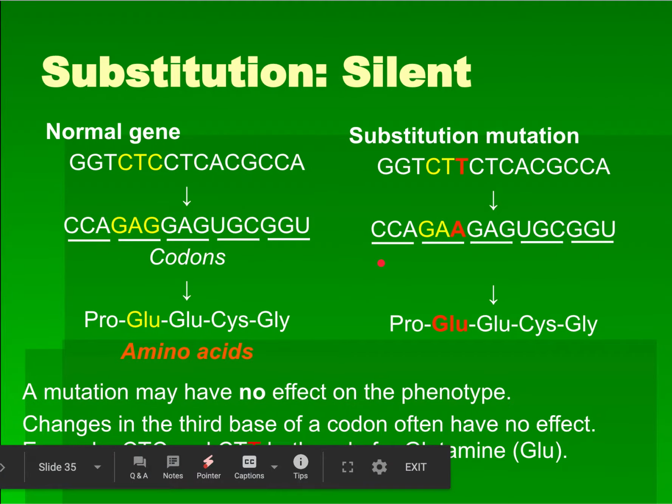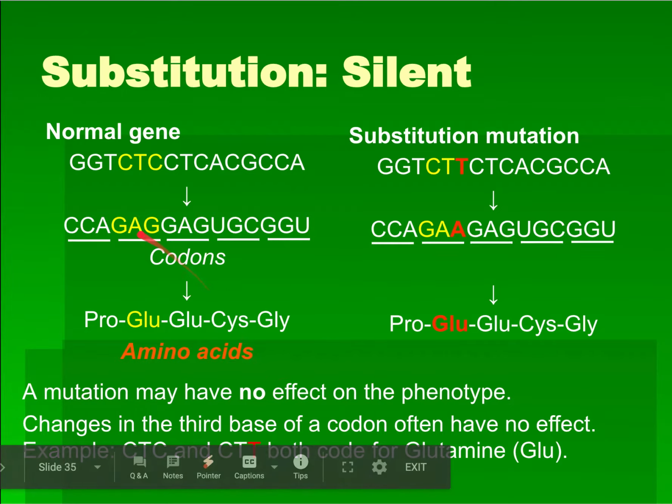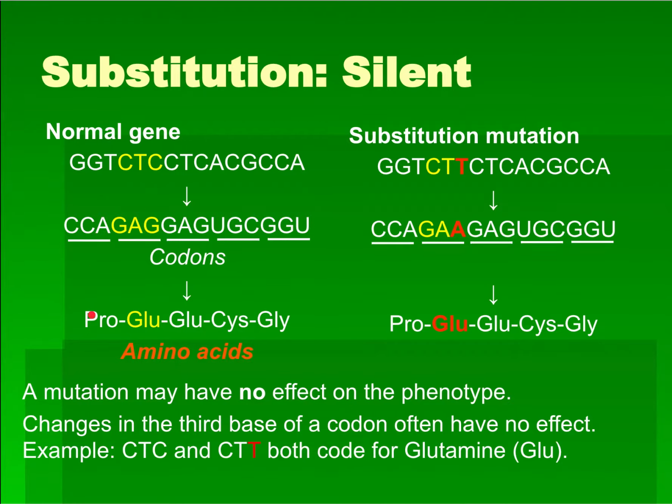All right, the next substitution mutation we're going to talk about is called a silent mutation, aka synonymous mutation. But let's see how this would affect the amino acid chain. We're going to use our same example again, GGT, CTC, which turns into proline, glu, cis, and gly.